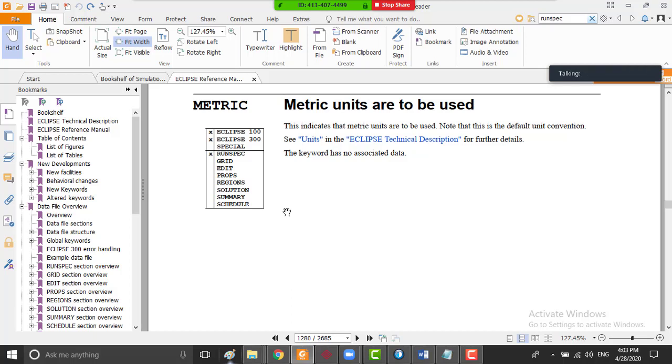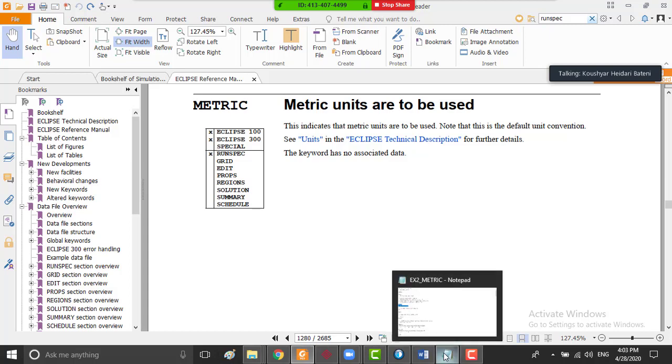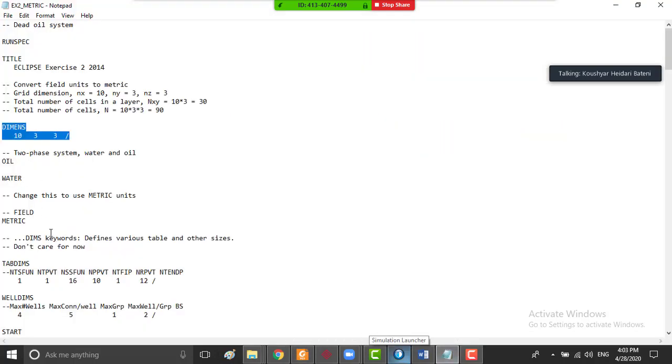Now, when you write this keyword, it indicates that metric units are to be used. Note that this is the default unit convention. Okay, so if you want to use field units, you have to write field here.